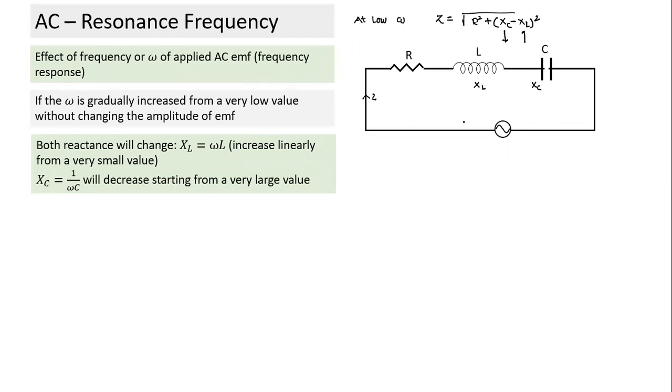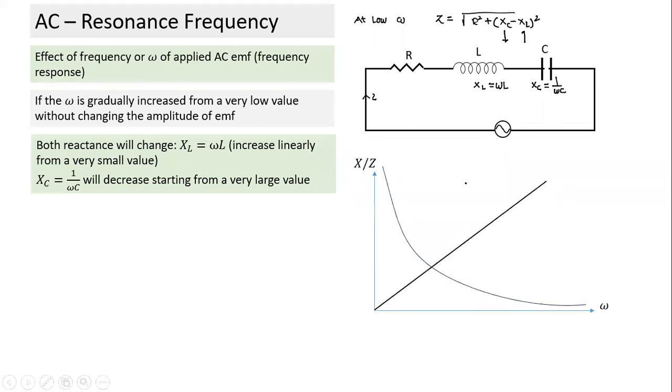Can we plot a graph between omega, XL and XC? It's a pretty simple graph. XL is a function of omega, which is omega into L, a constant. XC is also a function of omega, 1 by omega C. So it's possible to plot a graph between omega and XL and XC, and hence we can also plot a graph for impedance. How would the graph look?